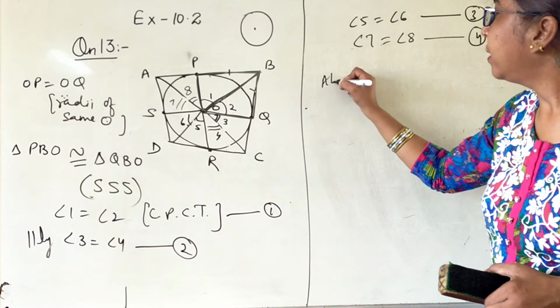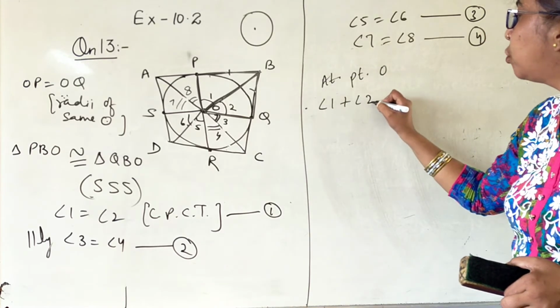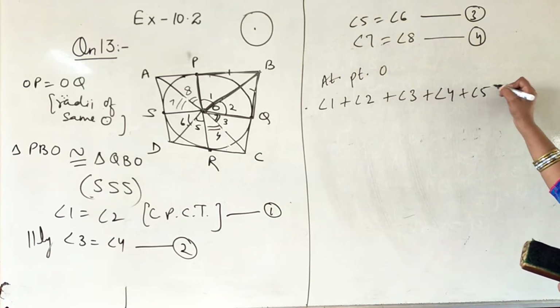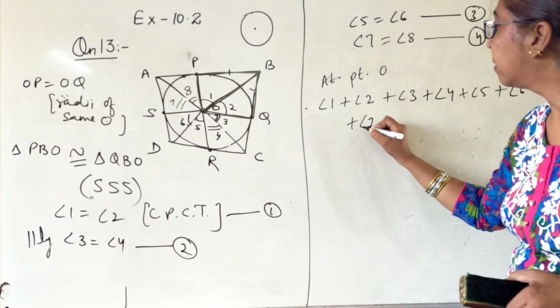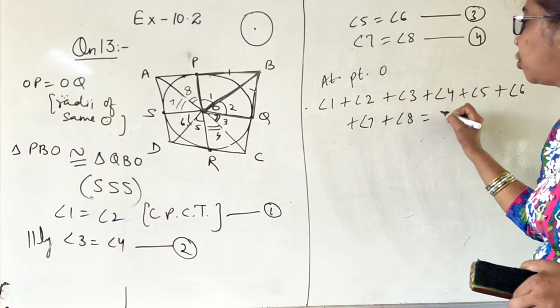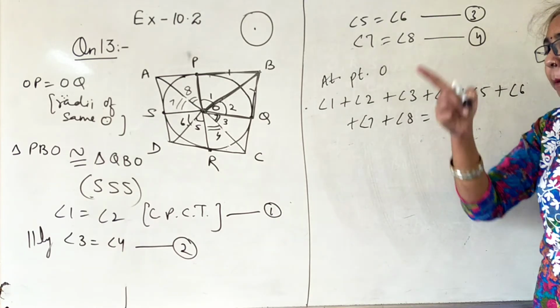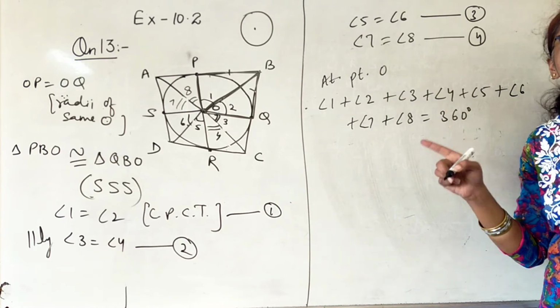So at point O, angle 1 plus 2 plus 3 plus 4 plus 5 plus 6 plus 7 plus 8 should be 360 degrees, because this is the complete angle, and a complete angle is always 360 degrees.